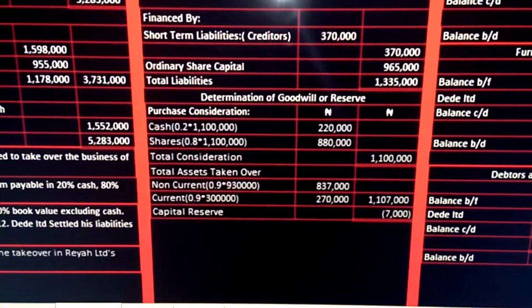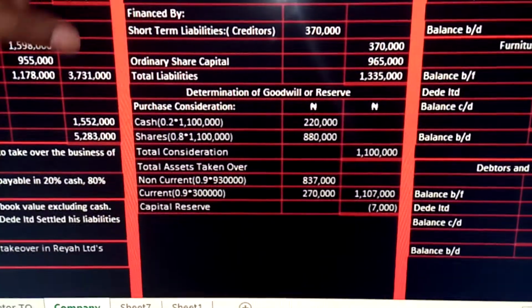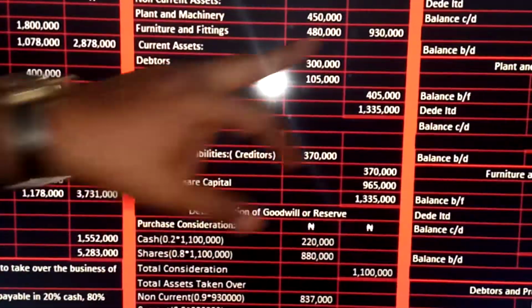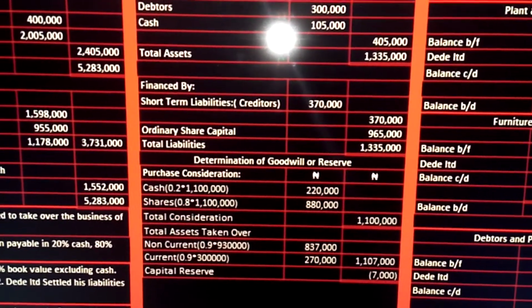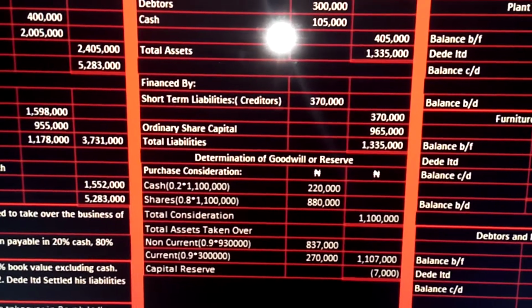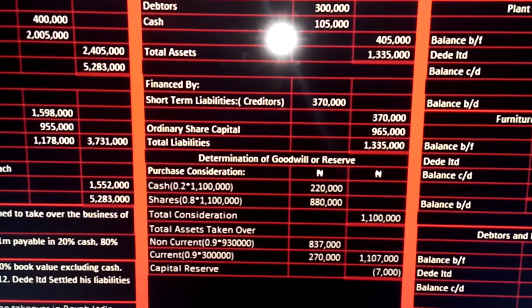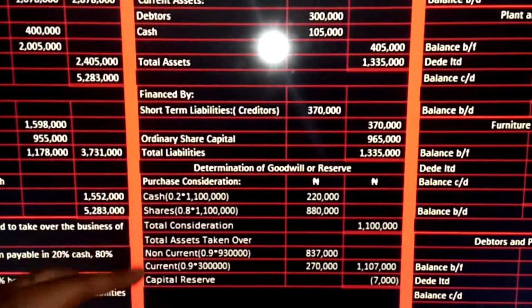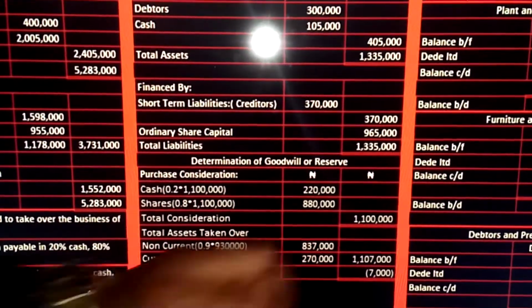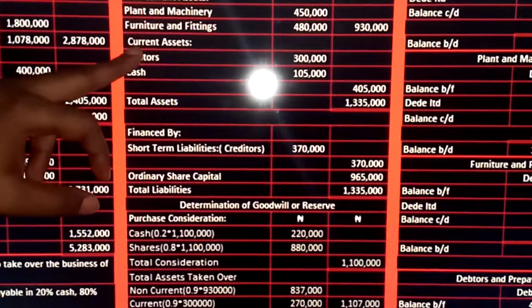So what are the assets taken over? Non-current assets here are plant, machinery, and furniture, which is 930,000. Remember, Raya took over the assets at 90% of the book value. So what's 90% of 930? That is 837. He also took over debtors, but he didn't take over cash.